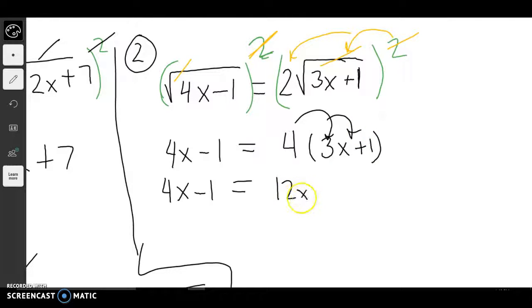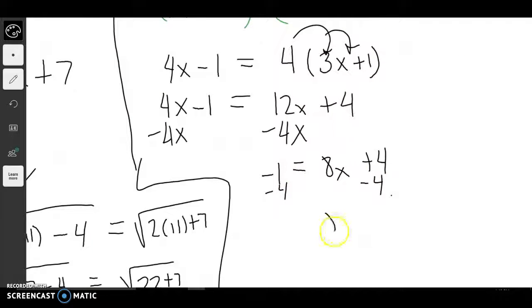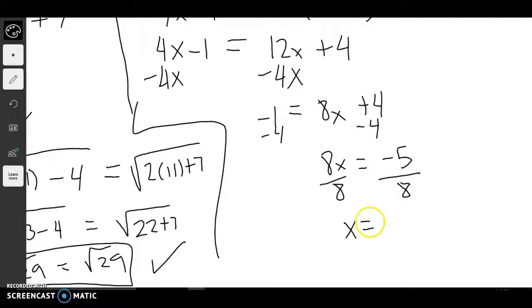So I get 12x plus 4. We would subtract 4x from both sides. I get -1 equals 8x plus 4. I'd minus 4 to this side, I'd minus 4 to this side. I get that 8x is equal to -5. I divide by 8, and I get that x is equal to -5 over 8.